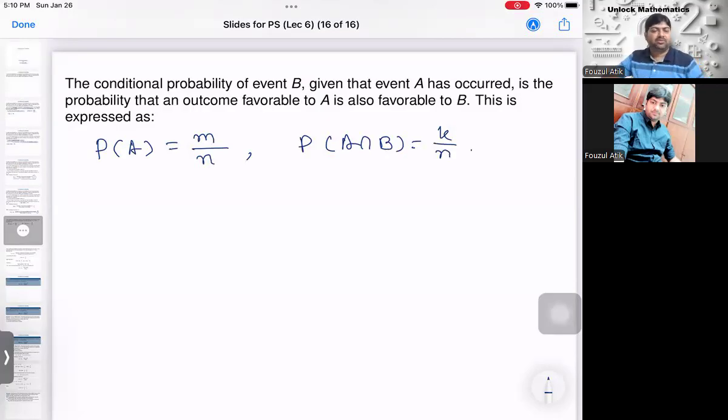Now, what is the conditional probability? It is the probability of the event B given that A has already occurred.